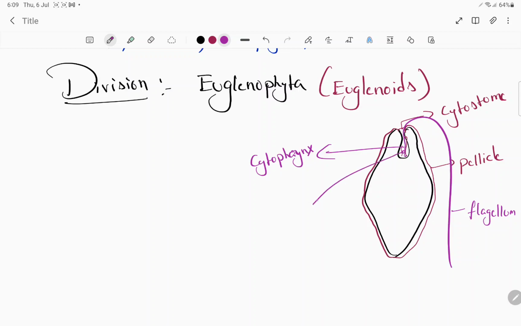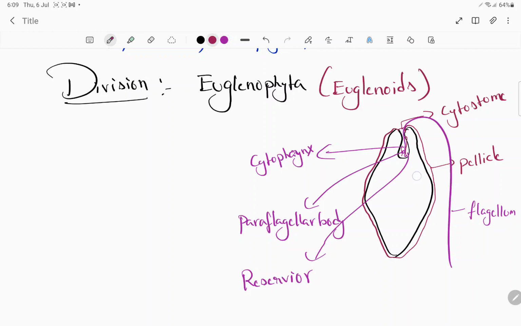Here we have the paraflagellar body. And here we have the reservoir. As it is a freshwater species, that's why it contains a contractile vacuole.